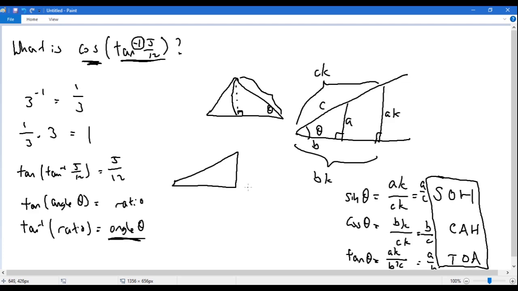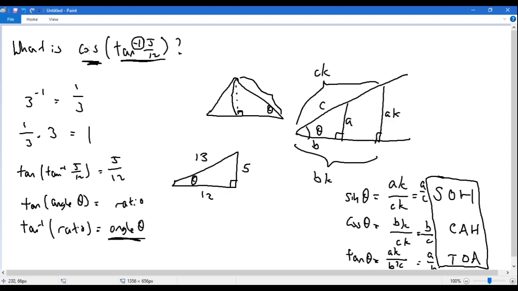So we can draw another right triangle, and let's say that tangent inverse is theta, just for ease. Angles are usually theta. We'll say this theta makes the ratio 5/12. So tangent, TOA, is opposite over adjacent. And this is a right triangle, so it's easy to see this is 13 with the Pythagorean theorem.